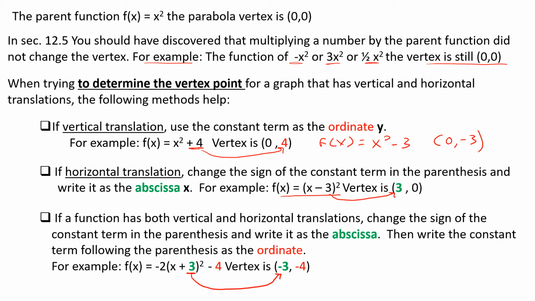And then when you're adding or subtracting on the outside, you're going to keep the same, and that becomes your ordinate, y. In other words, you don't have 0 anywhere anymore, right? And so we're going to now start graphing where you're doing several different translations. And so this is how you can determine the vertex.